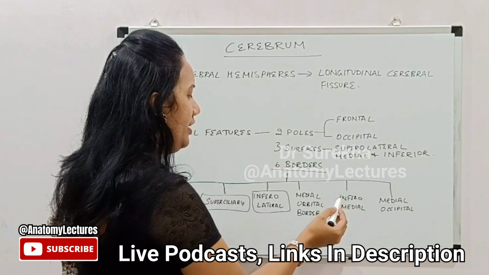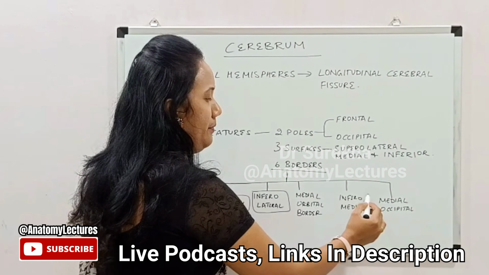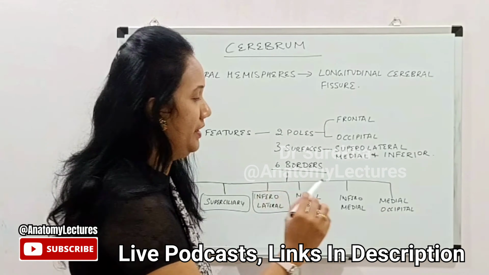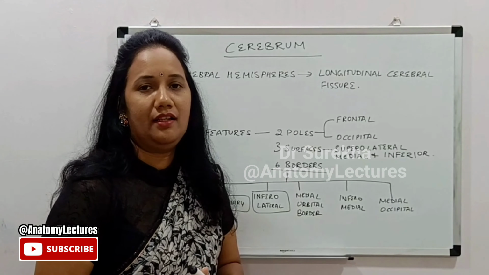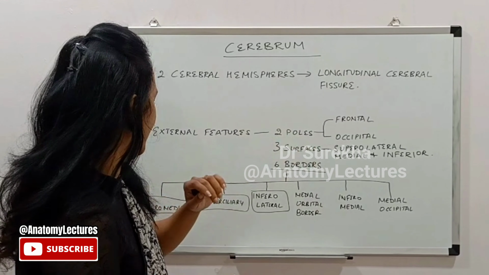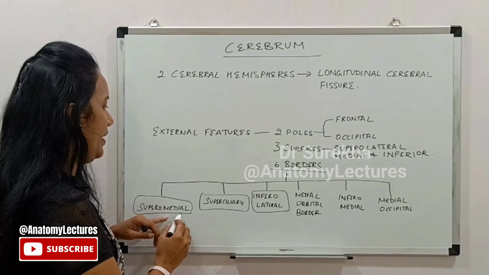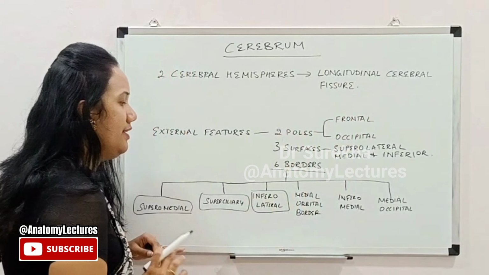The inframedial border, in the anterior part, is referred to as the medial orbital border, in the middle part as the inframedial border, and in the posterior part as the medial occipital border. The surface between the superomedial and the inferolateral border is the superolateral surface.